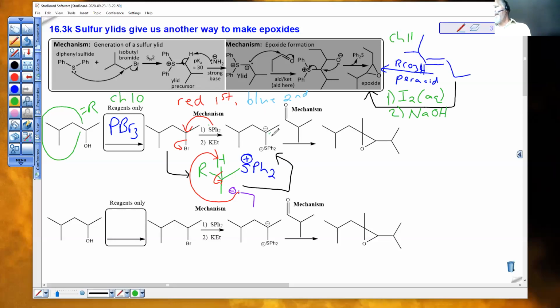Let's see, we have our ylid. Lone pair attacks the positive carbon. You get an O minus, but in the next step, O minus attacks the carbon that has the sulfur on it. Remember that. Let's do this. Red arrows first would be the arrows attacking the carbonyl.